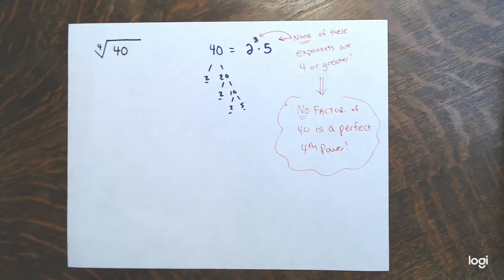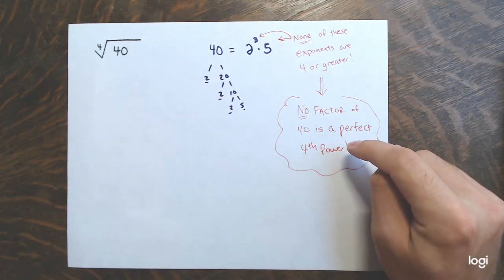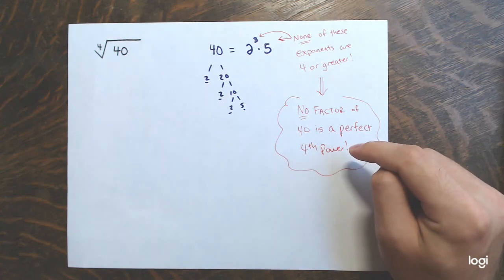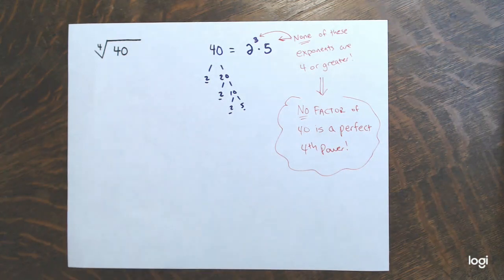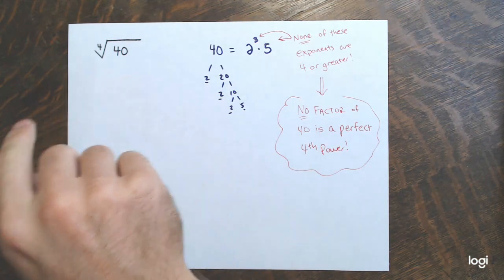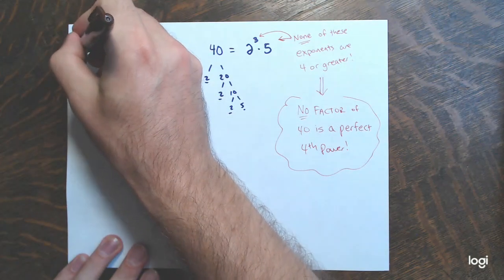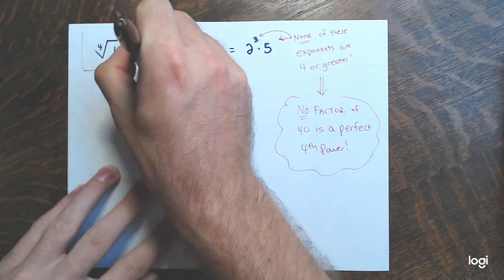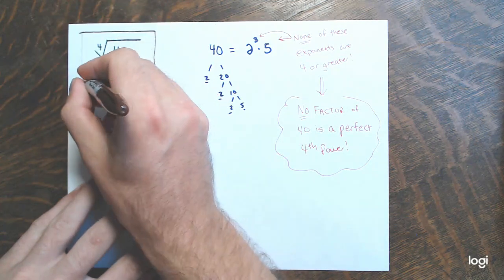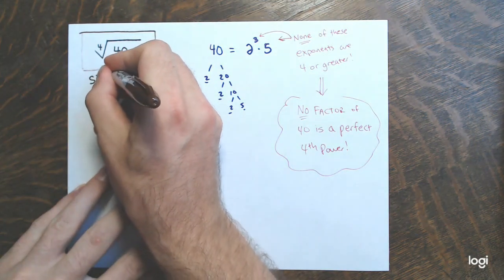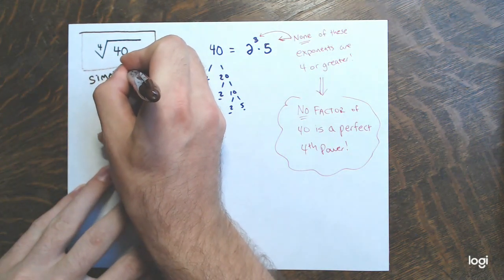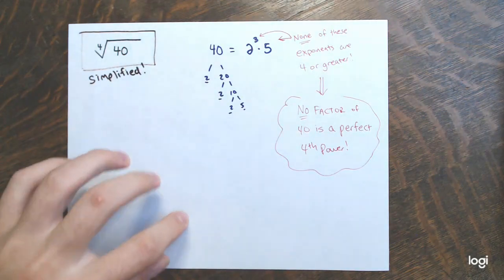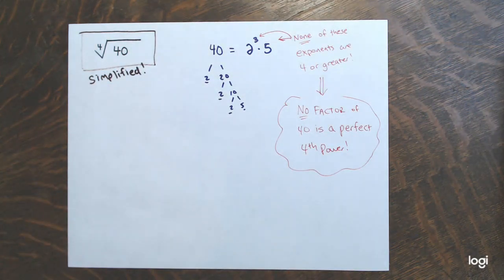And because we can't find one, because no perfect 4th power goes into 40 evenly, that means that this 4th root of 40 is already simplified. There's nothing to do. So this was kind of a trick question. There's no way I can break this apart, because there is no perfect 4th power that goes into 40 evenly.